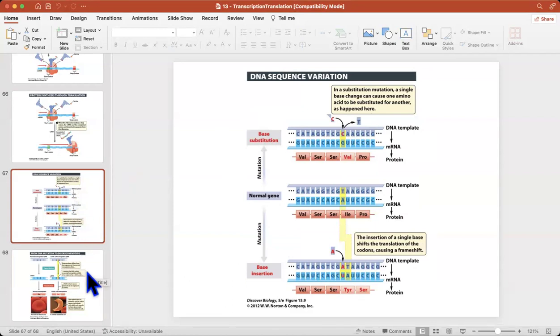The protein sequence will be wrong and you don't have the correct protein. Some mutations have insertion, where you insert one, or deletion, which cause much more serious mutations because the whole sequence after that will be wrong. In some serious cases, the embryo won't develop. Okay, let's stop here.